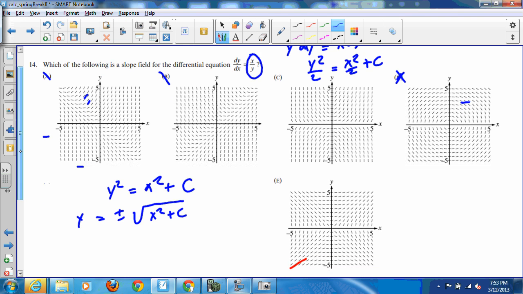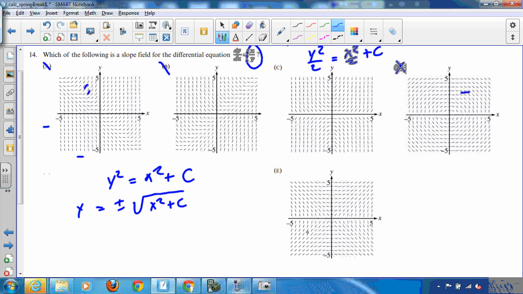Let's look at E. If I go over to 5 and 5, my slope should be 1, and if I go to 4 and 4, somewhere in here the slopes are 1. You can see that there's a straight line here, and it goes all the way down. Likewise, you can look over here and see sort of a negative 1.